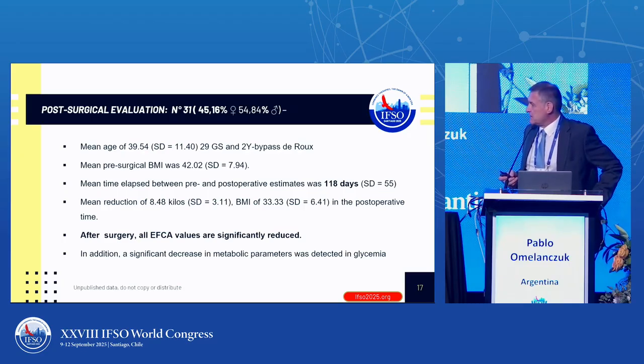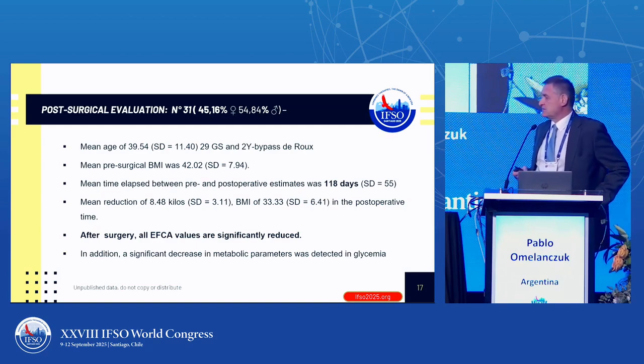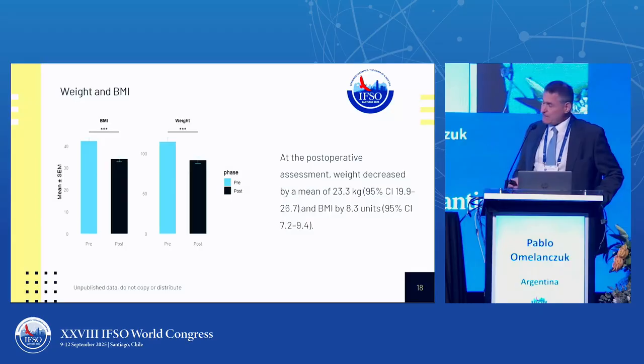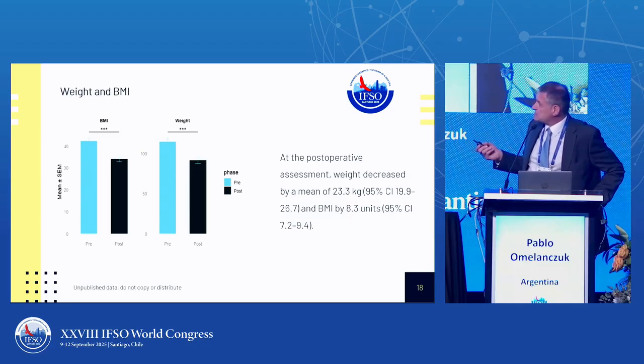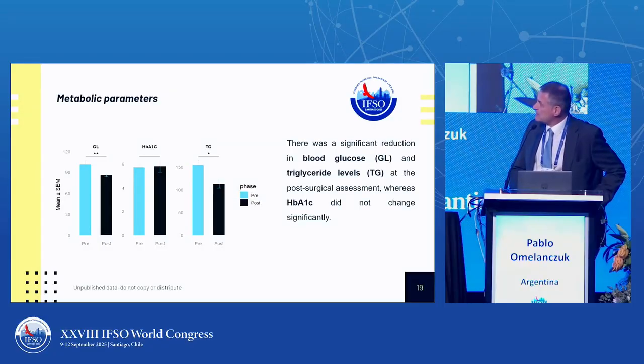In addition, a significant decrease in metabolic parameters was detected in glycemia. These are the results of BMI and weight after surgery, and at the postoperative assessment weight decreased, as I mentioned before, a mean of 23 kilograms, and the BMI was reduced by an average of 8.3 units.